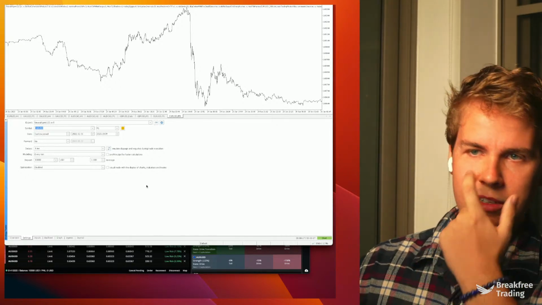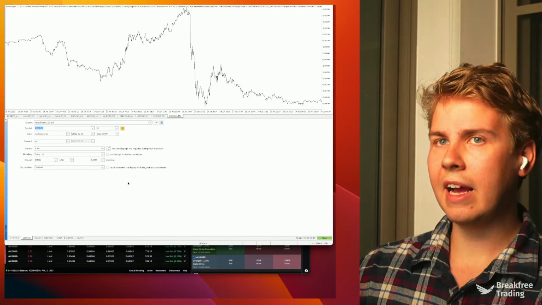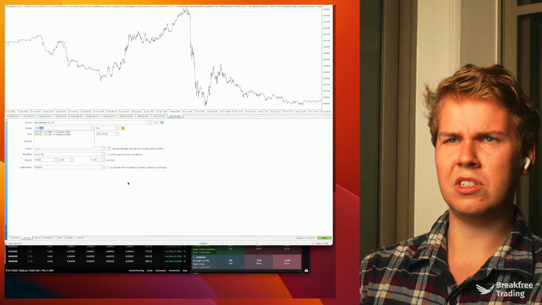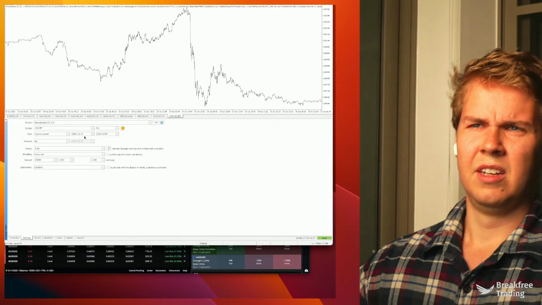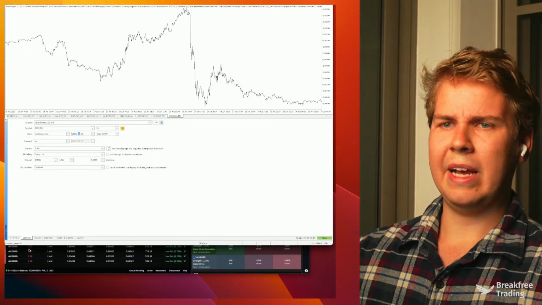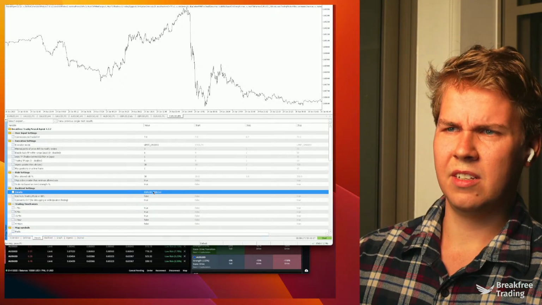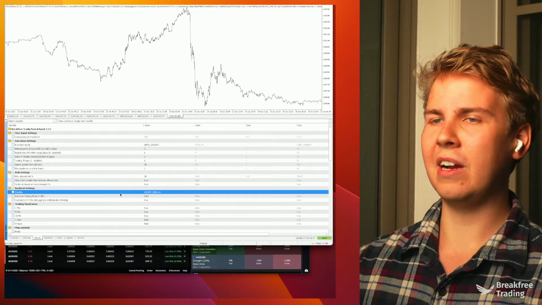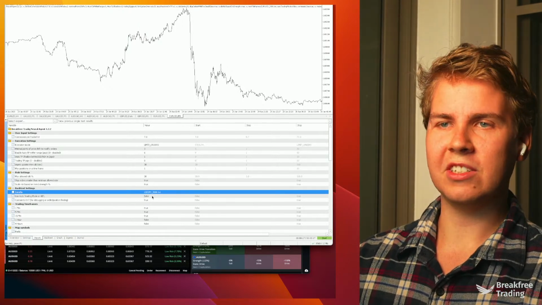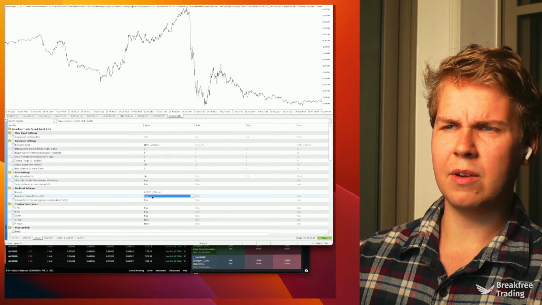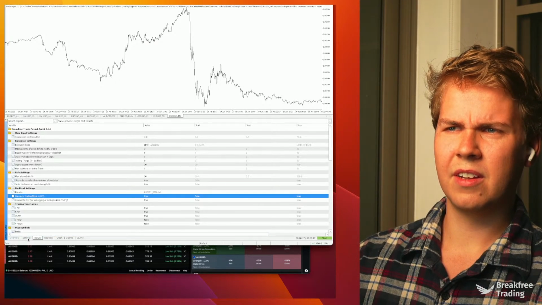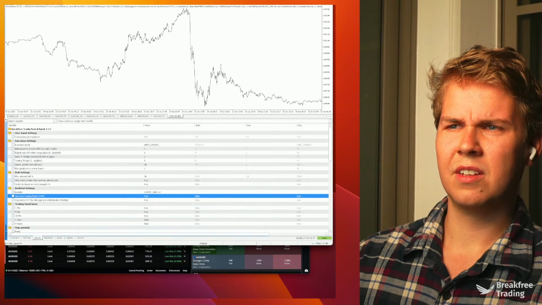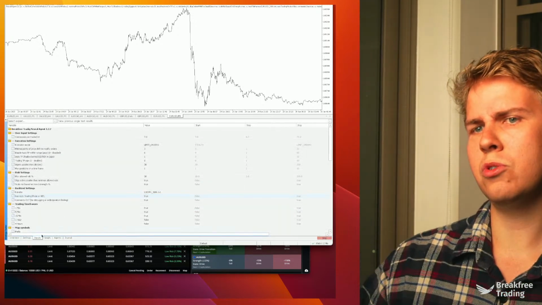USD JPY, I have some great backtest of USD JPY. USD JPY we have since last year. Of course, USD JPY after last night. I mean, Jesus Christ, that was quite a wick. Here we go. USD JPY auto mode.